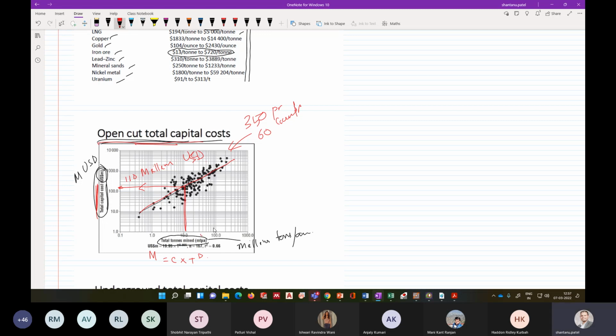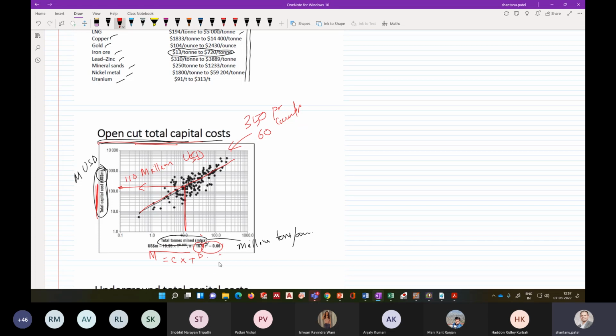And this is the equation: US dollar million is 19.95 times T to the power 0.866. The total number of mines here is 167, and the R squared value of the fit is around 0.66.